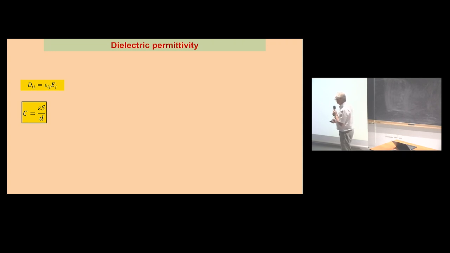You know this formula, and mostly we use this permittivity for measurements of capacity. Everybody knows such a formula. But most people say that we have a dielectric constant, but permittivity is, for me, not constant.